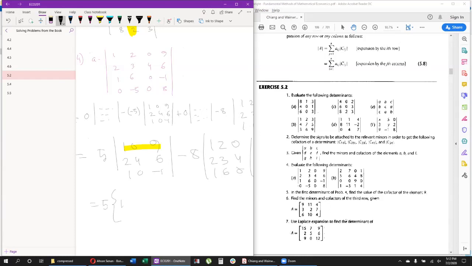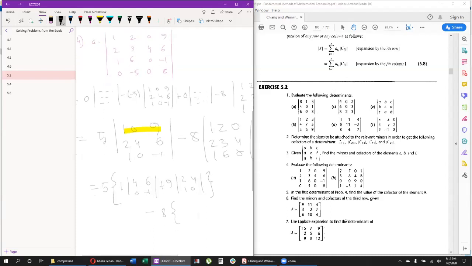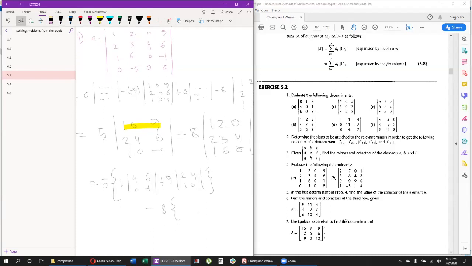So I get 1, for 8, I'll pick the first row once again.